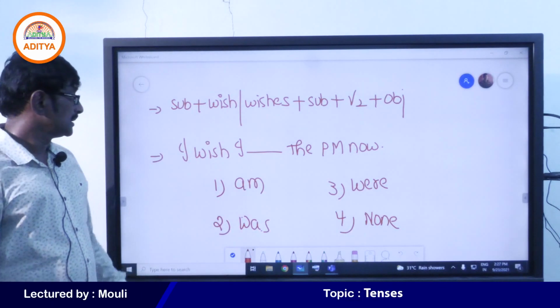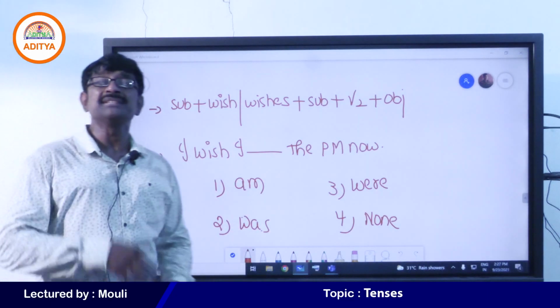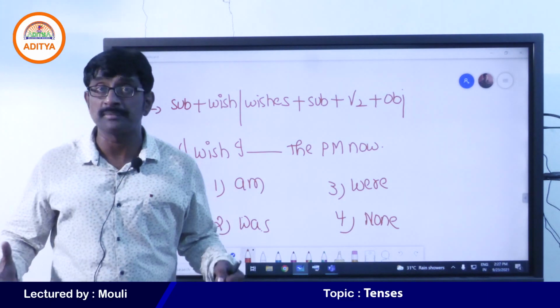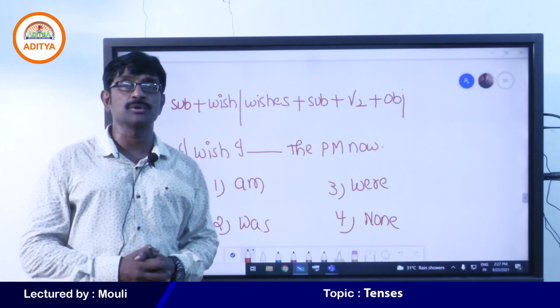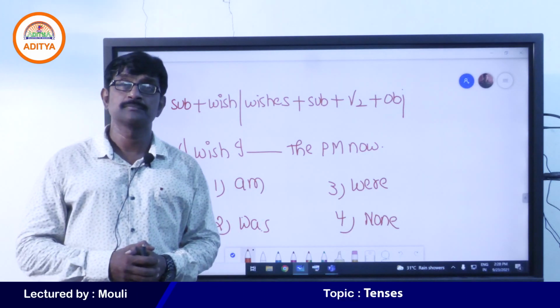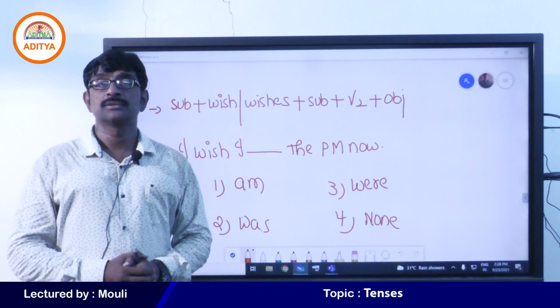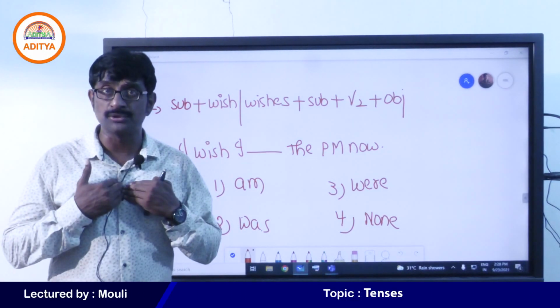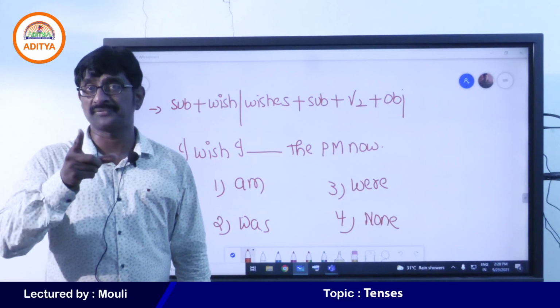You see now, I wish I dash the Prime Minister. I have a desire to become a Prime Minister, but I don't have any political background and I don't have any channel for this and I don't have any opportunity in my life. So it is impossible for me to become the Prime Minister, but still I have a desire for it.